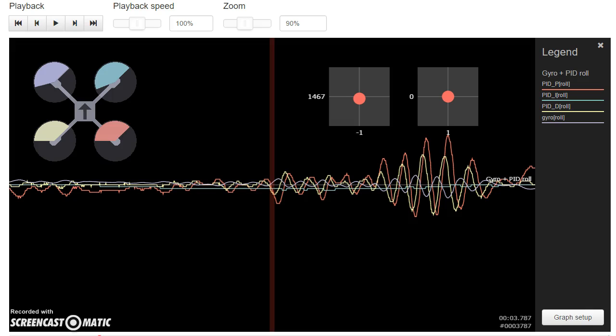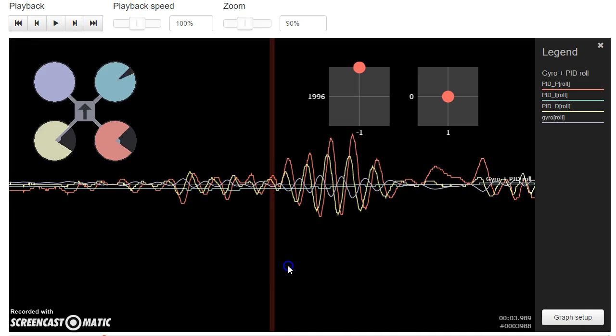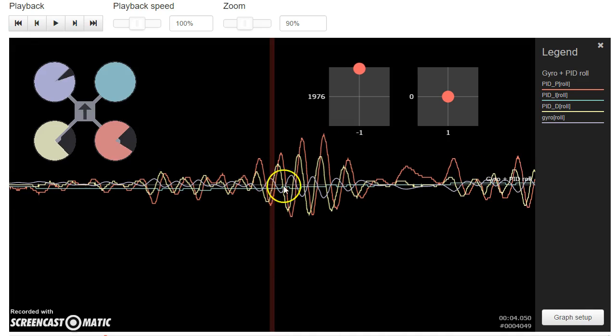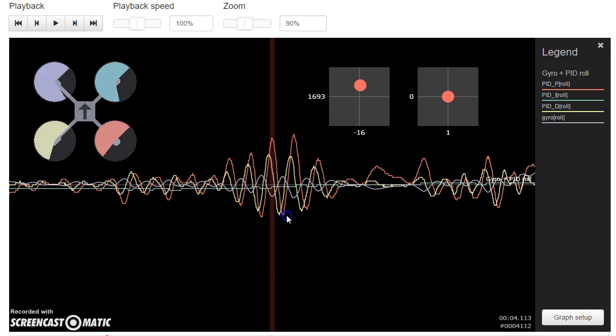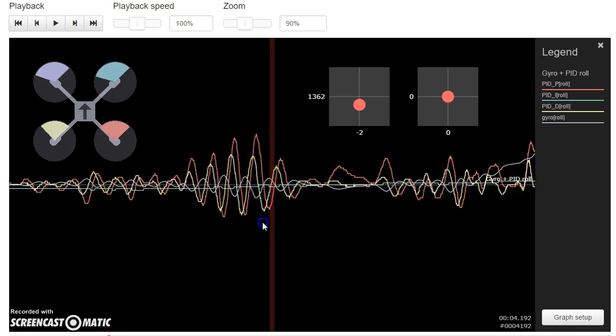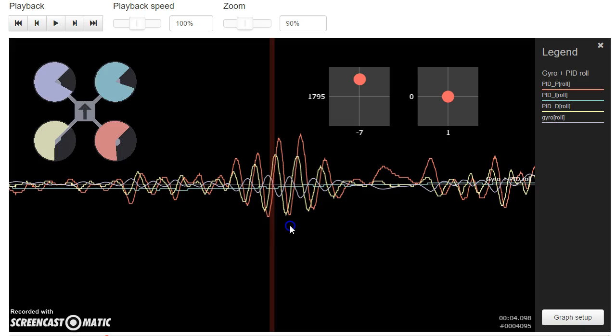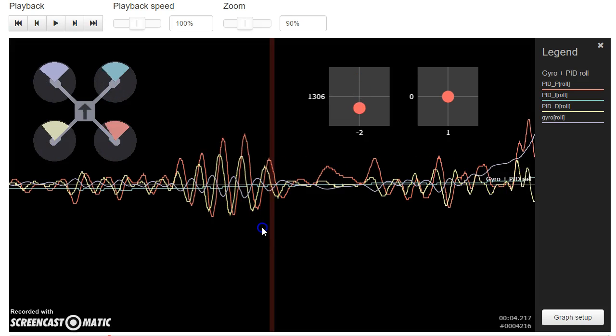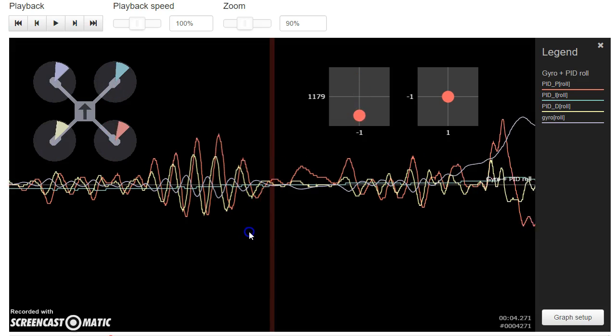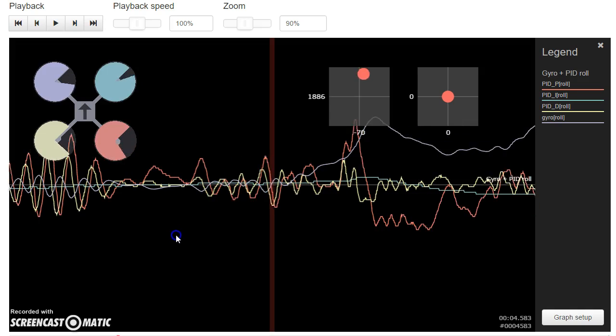Well, what about roll? Let's have a look at what roll does during the same scenario. Here you raise the throttle, and we can see some very clear oscillations, which come on as the throttle peaks, and then as the throttle drops, they go away. There it is again.